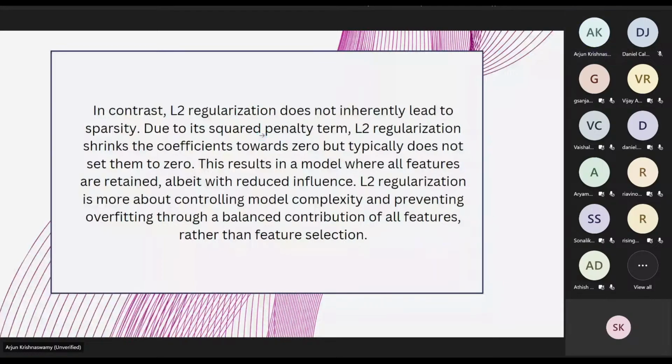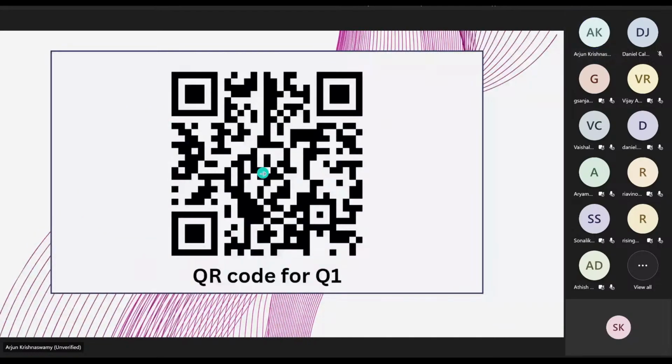So before we move on to the next type of regularization, I'm hoping all of you are clear with what I've explained so far. So you'll have to answer this simple slide or question. I'm hoping you're able to scan the QR. If you're able to scan the QR and answer the questions, please let me know.